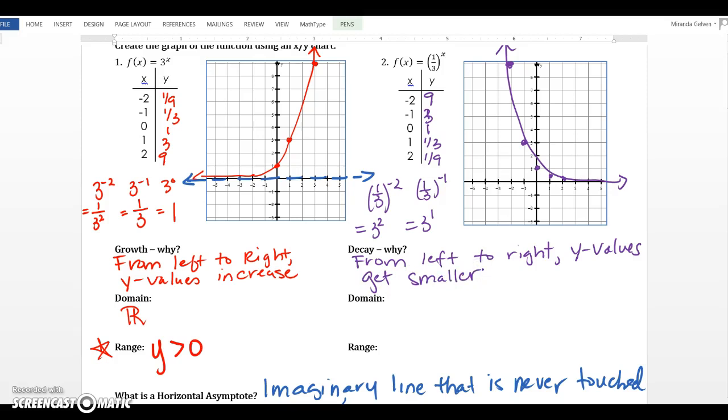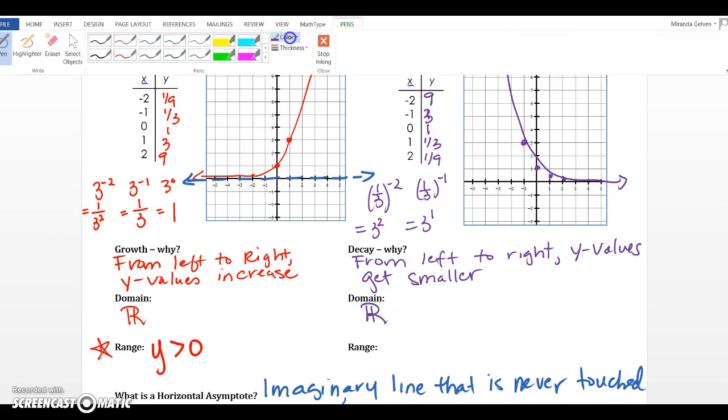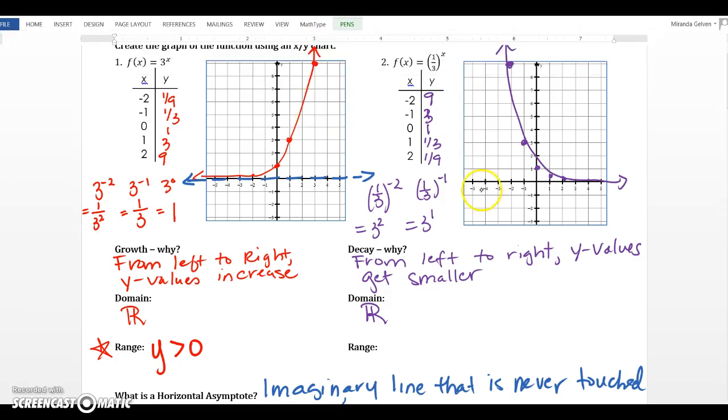Okay. Just like before, we can use negative, positive, 0 for our input. The domain is all real numbers. Okay. And just like over there, we have that invisible line again. We're getting close to that green line, but we never touch it, so our range would be y is greater than 0. Again, no equal to part on that.